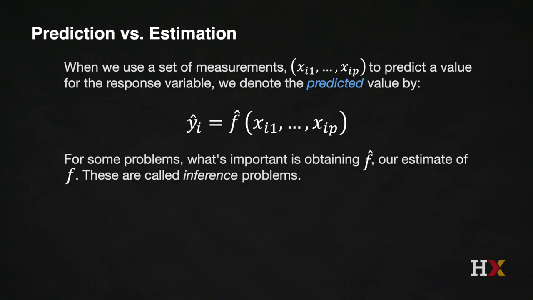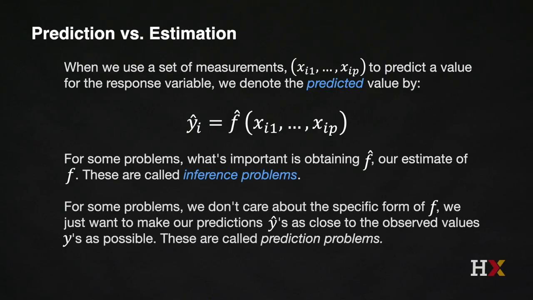The first is where what is important is obtaining a specific form for f hat, our estimate for f, and these are called inference problems. The other kind is where we don't care about the specific form of f. We just want to make our predictions y hat as close to the observed y's as possible. We call this a prediction problem.